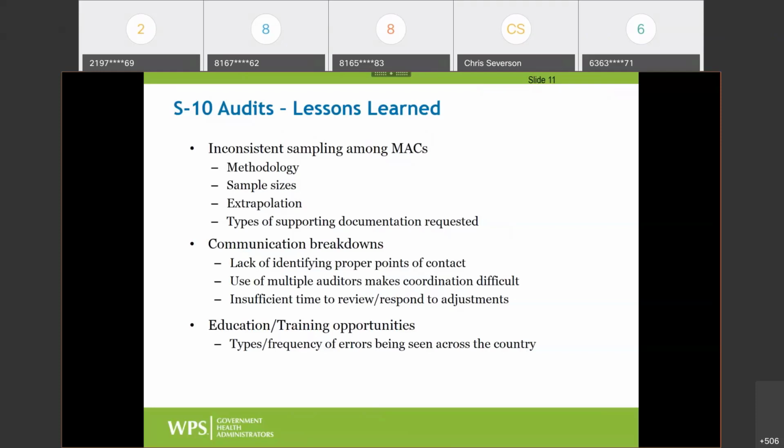another surprising one is communication breakdowns, because this seems like such an easy thing to avoid and remedy. We try to make great strides, and I think we have at WPS, with respect to identifying the proper points of contact up front, who your auditor, who the supervisor is going to be, and really confirming that information during the entrance conferences.